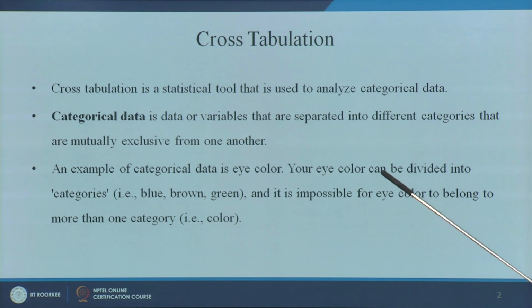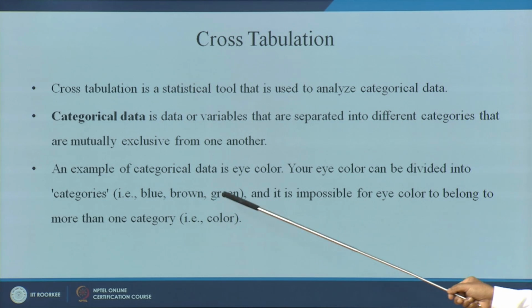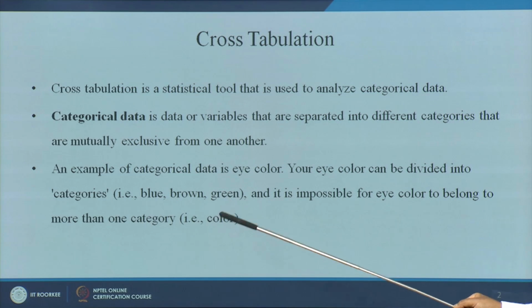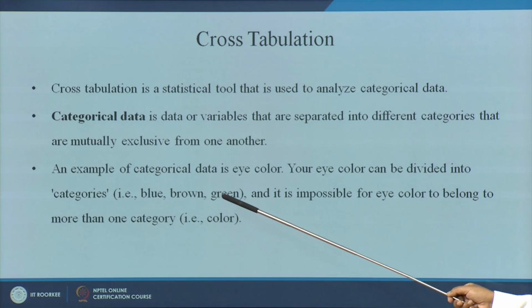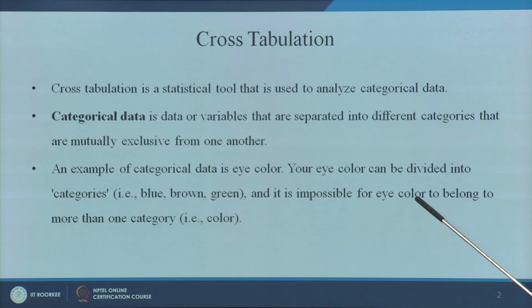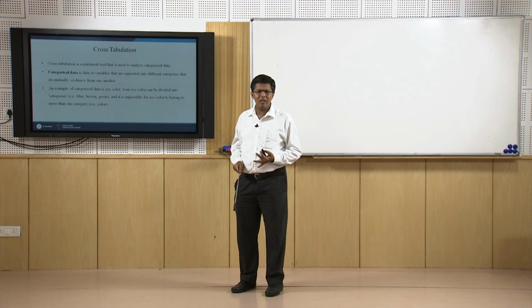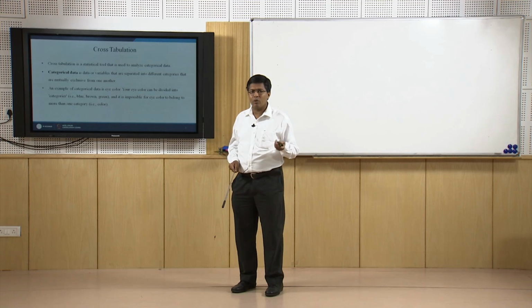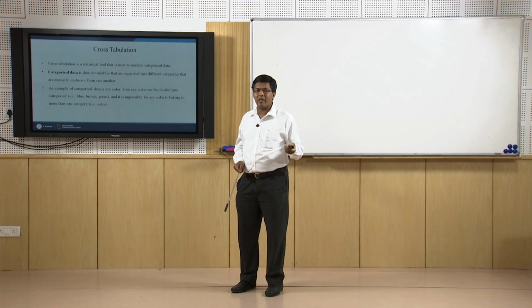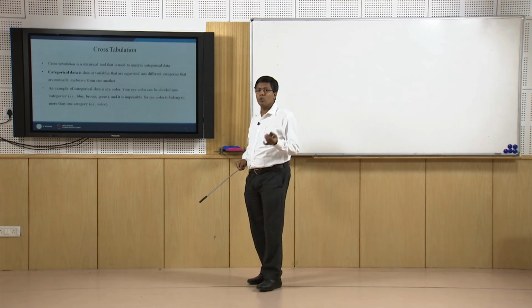Your eye color can be divided into, let us say, blue, brown, green, black, and it is impossible for one eye color to belong to more than one category. That is why it is called categorical. If it can fall into two groups, then it is no more nominal, rather it becomes ordinal data.